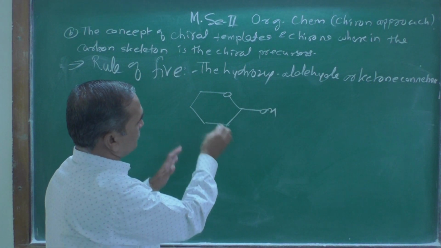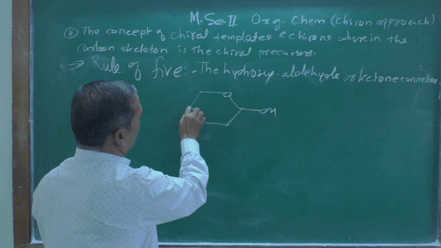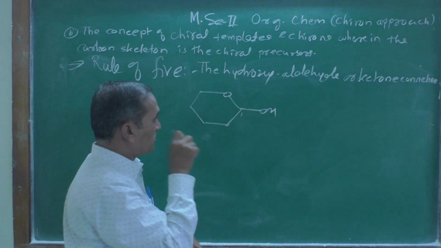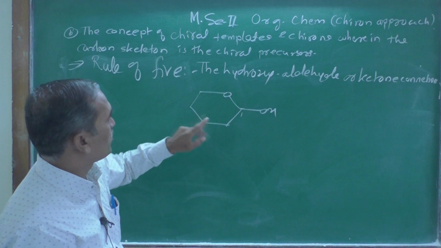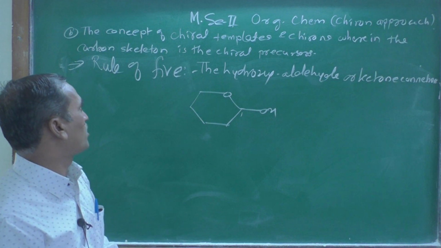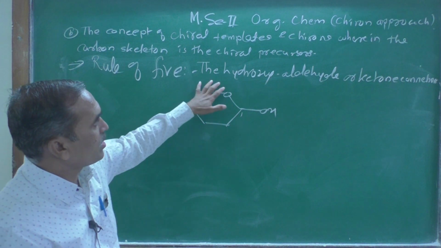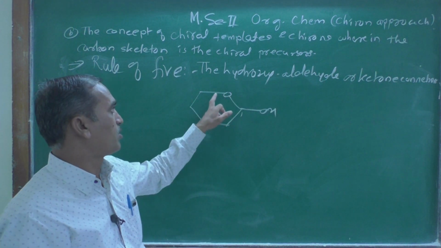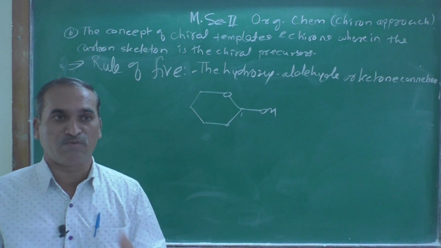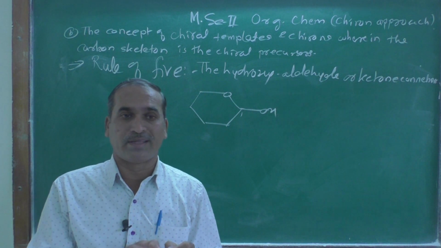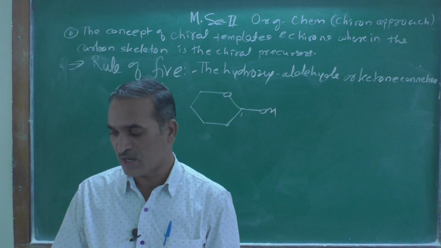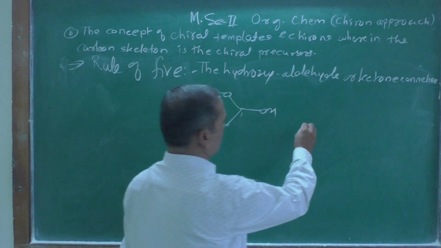So they are 1, 2, 3, 4, 5, and this is called the anomeric carbon atom, and they are 5 away. That is the hydroxyaldehyde or ketone connection, because this oxygen comes from either the aldehyde or the ketone, so that is called the rule of 5.